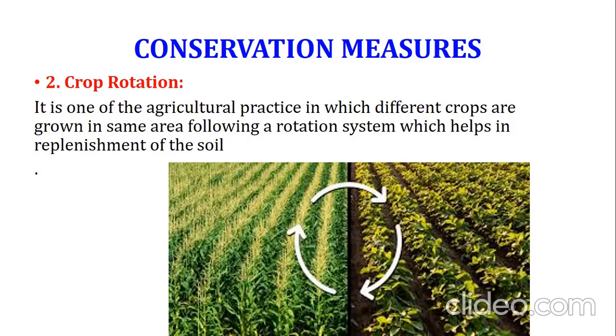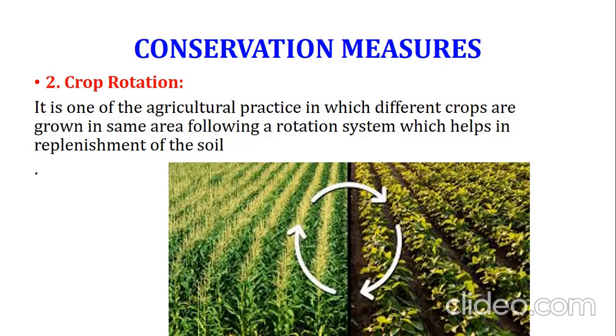The second conservation measure is crop rotation. It is an agricultural practice in which different crops are grown in the same area following a rotation system, which helps in the replenishment of the soil.